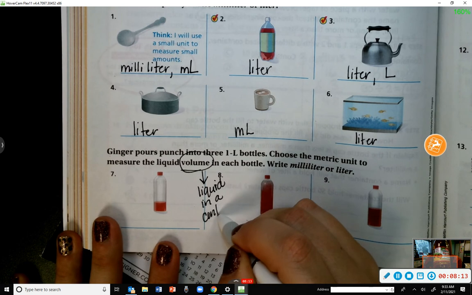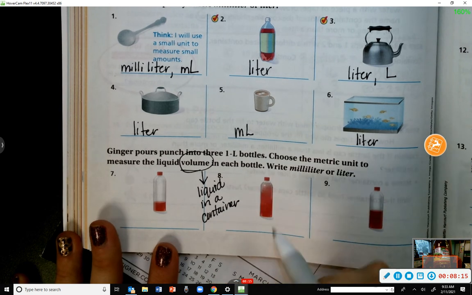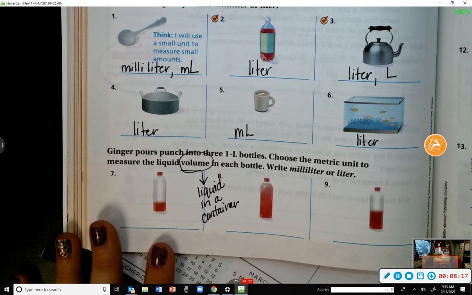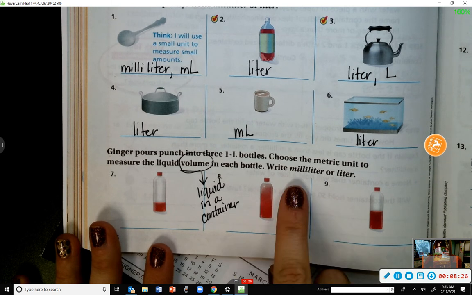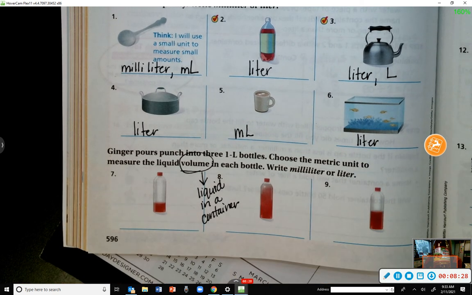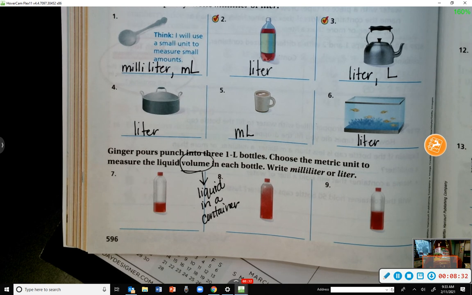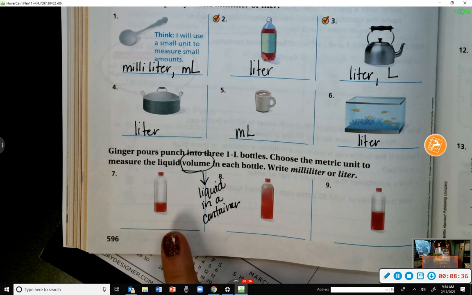Okay. That's important because you might get a question that says which measurement can measure liquid, and you don't want to pick tons or pounds. You want to pick liters, milliliters, cups, pints, quarts, because that's for volume, okay? Okay, so what do you think you would use here?